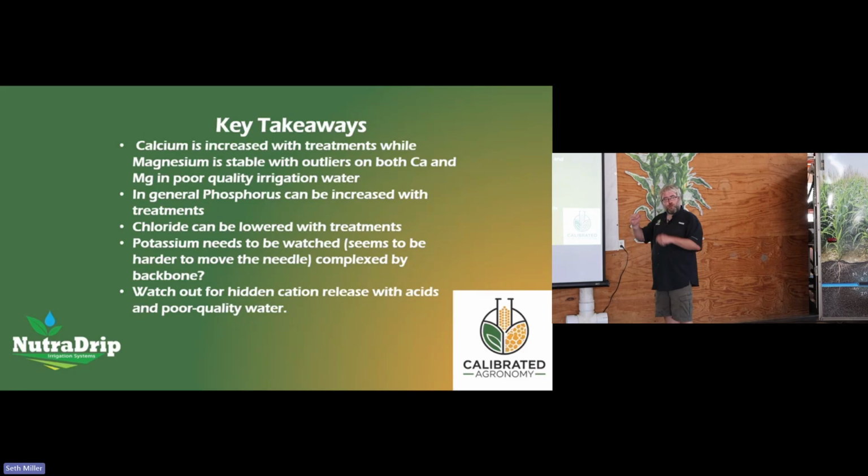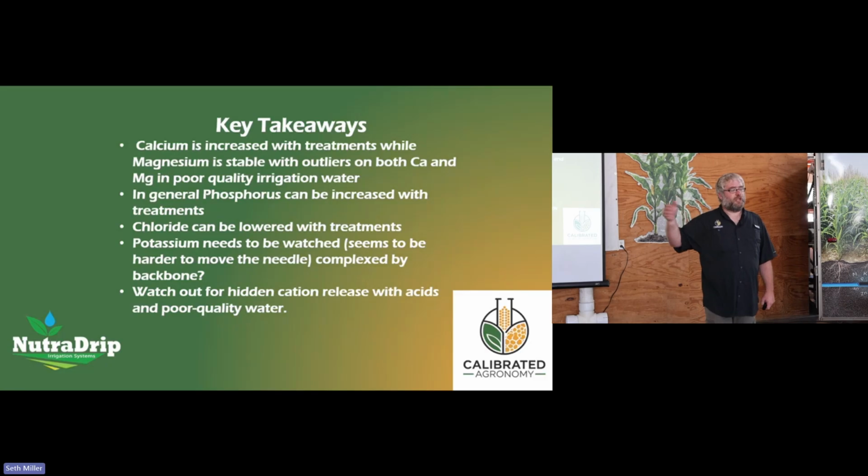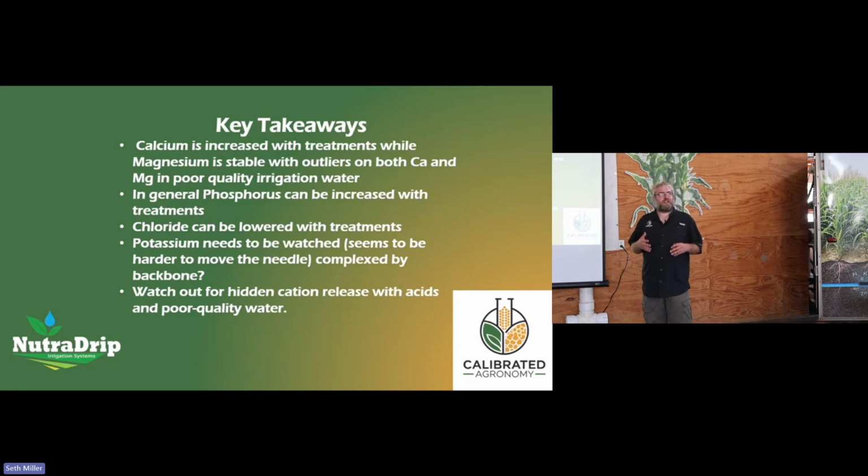Then we got this poor water quality issue where we'll do some increase, deltas will change, we'll increase these, and we don't really see it until it happens. So that's another reason it's nice to do these bench tests before we're actually out there applying a bunch. We can lower chloride with the treatments, and then potassium seems to be harder to move the needle there.